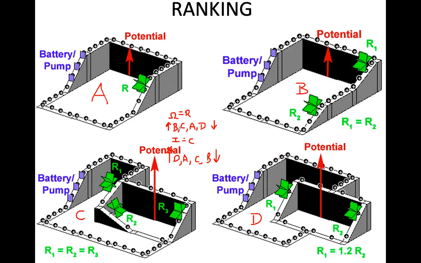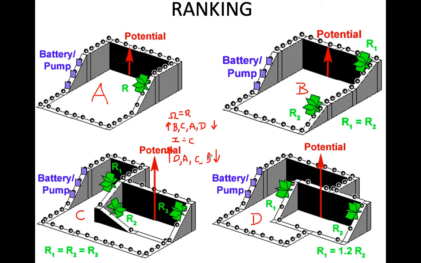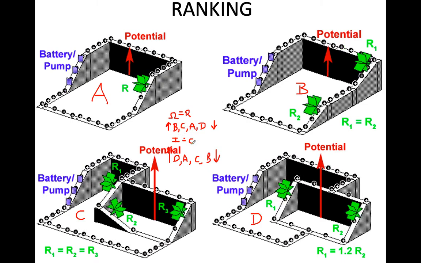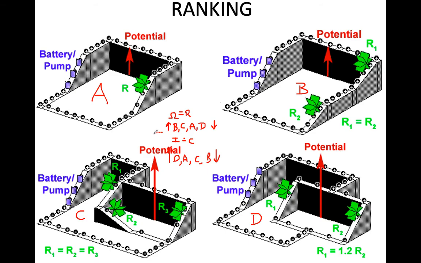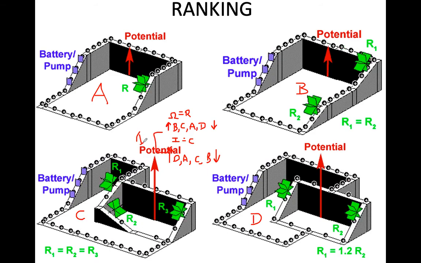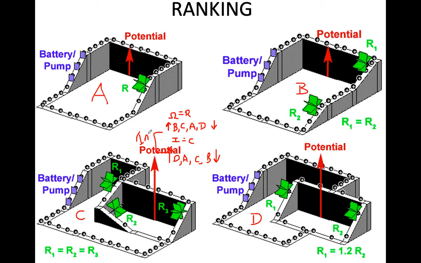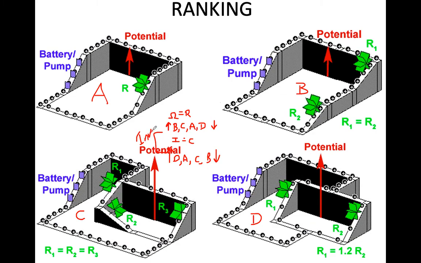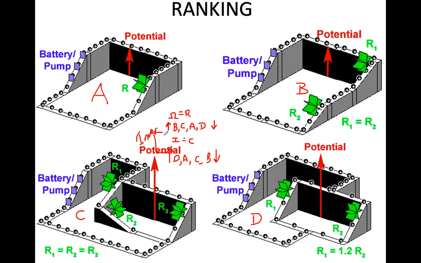If you have the highest resistance, you're going to have the lowest current flowing through it. And again, vice versa with the C and the A. So these are actually inverses of each other, okay?